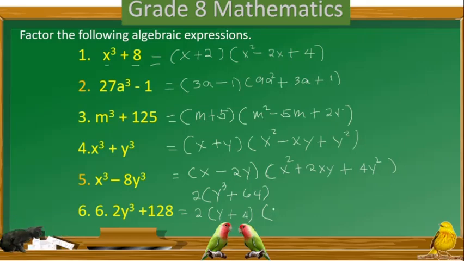So, y squared. Then the opposite sign. What is the product of y and 4? That is 4y. What is next is plus the square of the last term, which is 4 squared, 16. Okay, that is the answer.